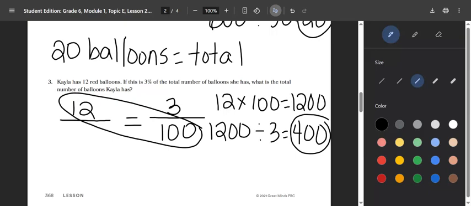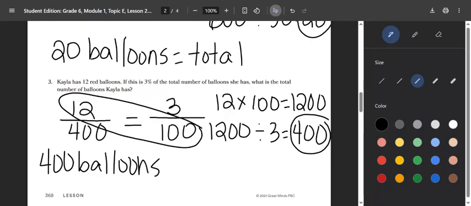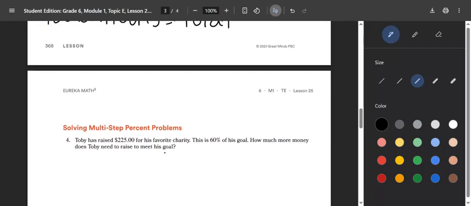So the total number of balloons Kayla has is 400. All right, that was easy.